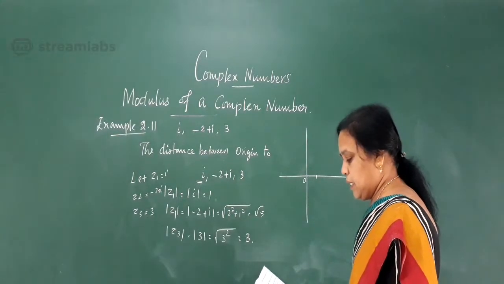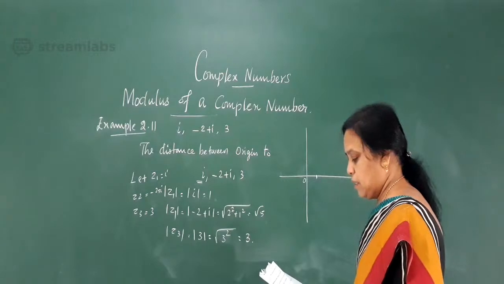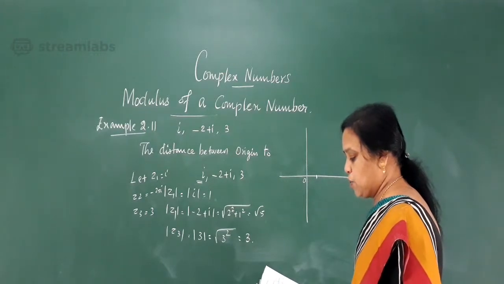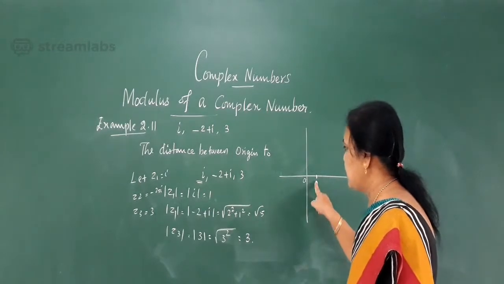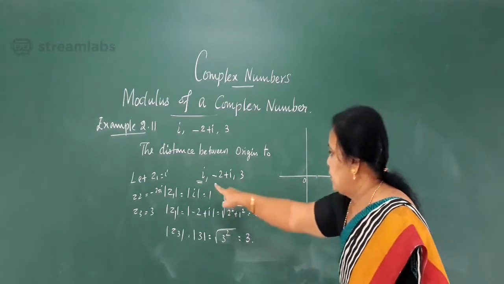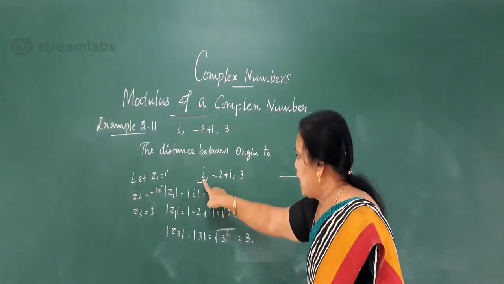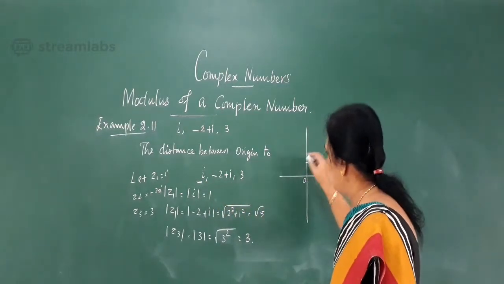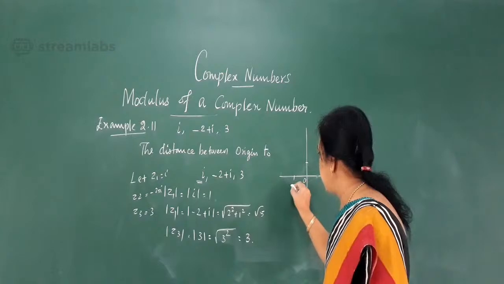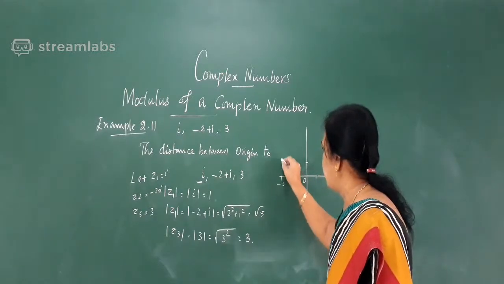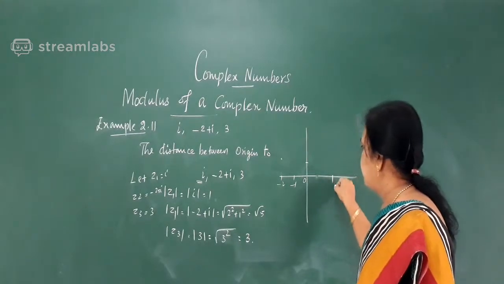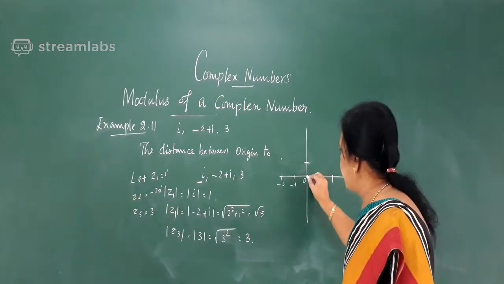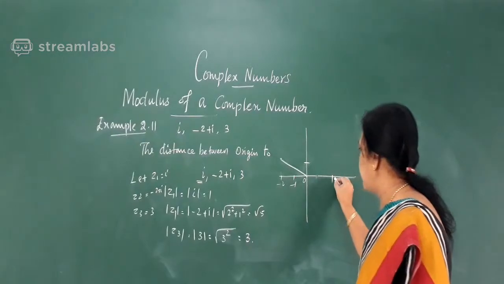Then they have given minus 2 plus i. See, this is 1. Here write as it is. i means here it will come. Minus 2 plus i means minus 1, minus 2 they have given. It will come, 3 is here. So this is one point, this is another one, this is the third one.